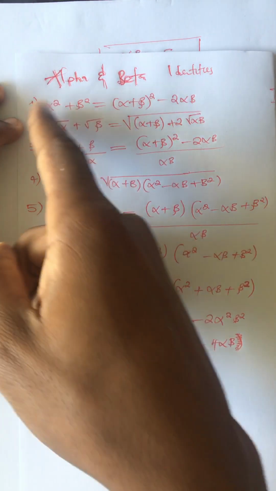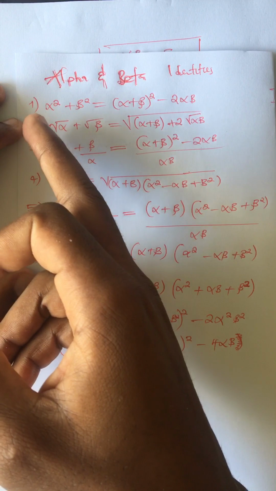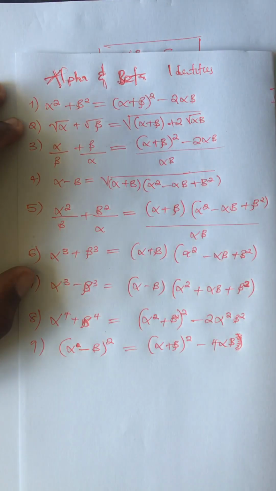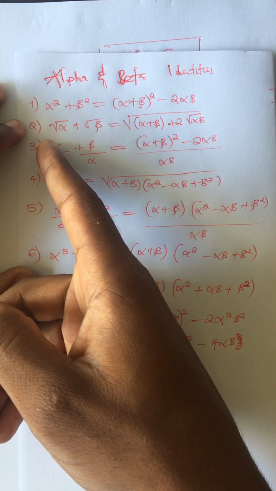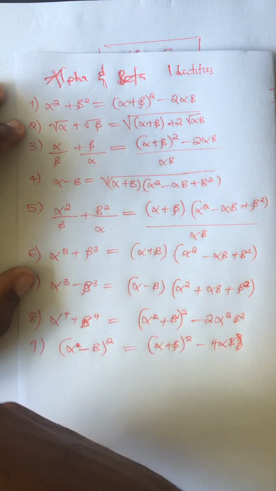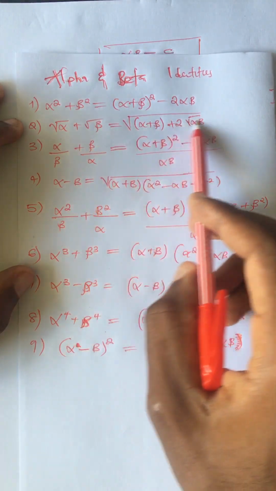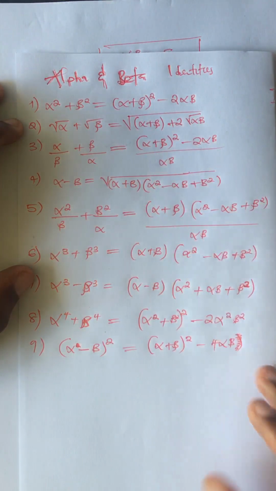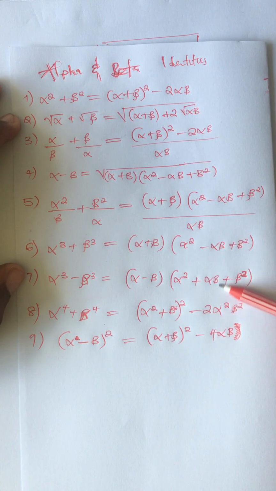Say the root of alpha squared plus beta squared is this. Then the root of alpha plus the root of beta is that. So make sure you pause the video, then copy this.